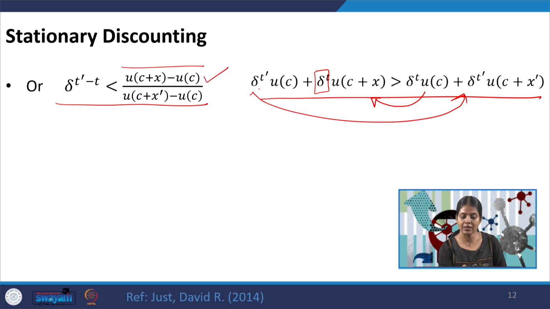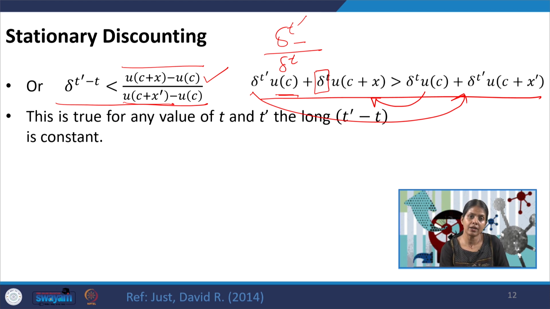So we have delta t prime multiplied by u c plus x prime minus u c, and then when we have both the terms on one side, we will be having delta raised to the power t prime divided by delta raised to the power t, which can be written as delta raised to t prime minus t. This is true for any value of t and t prime. The gap between t prime and t is constant.